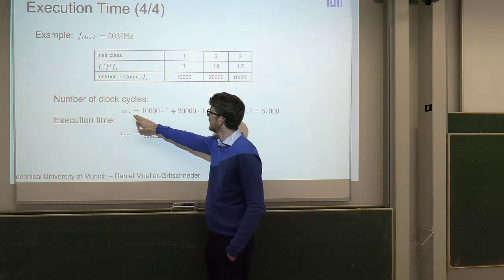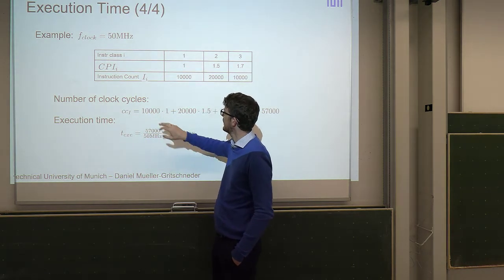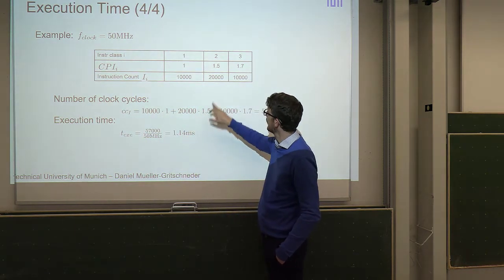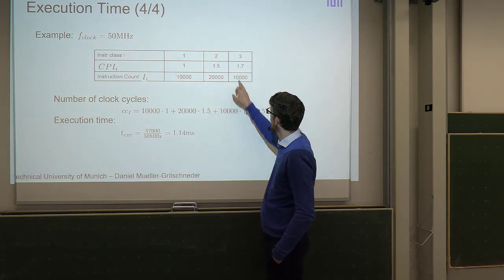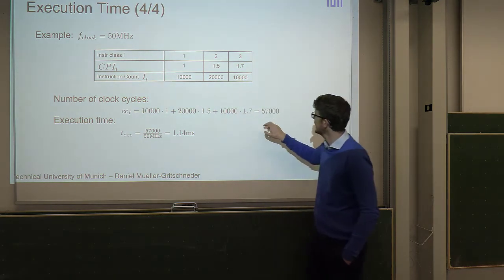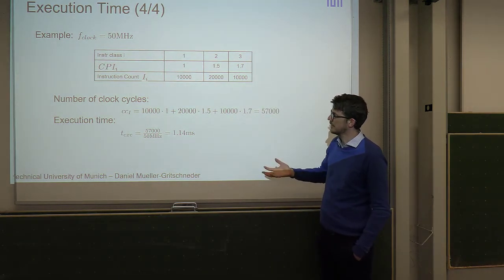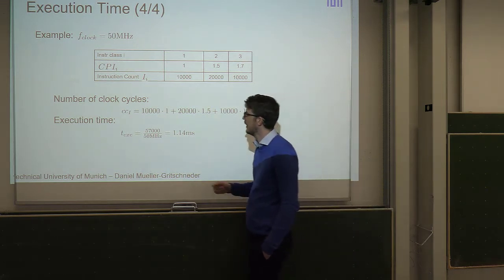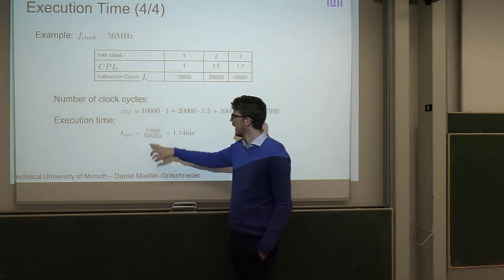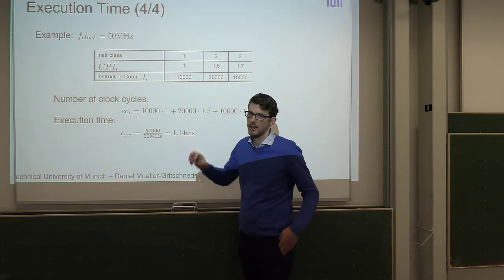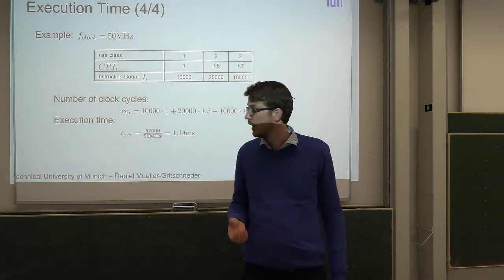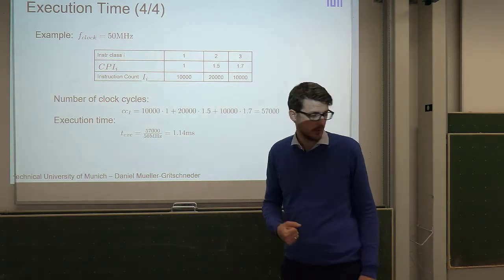Then we just take the cycles: 10,000 times CPI 1, 20,000 times 1.5, 10,000 times 1.7. So we will execute 57,000 cycles. And we divide these 57,000 cycles by the frequency, and this means this program will run in 1.14 milliseconds.